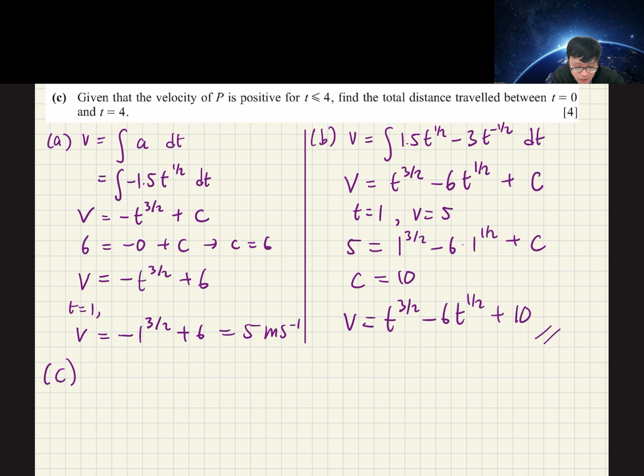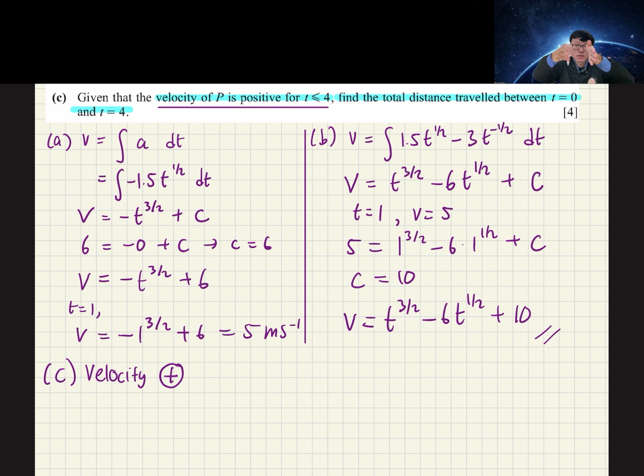Given that the velocity of P is positive for t less than or equal to 4, find the total distance traveled between 0 and 4. This is very important information because when we know for sure that velocity is always positive when t is less than or equal to 4, it means that the object is always moving to the right.